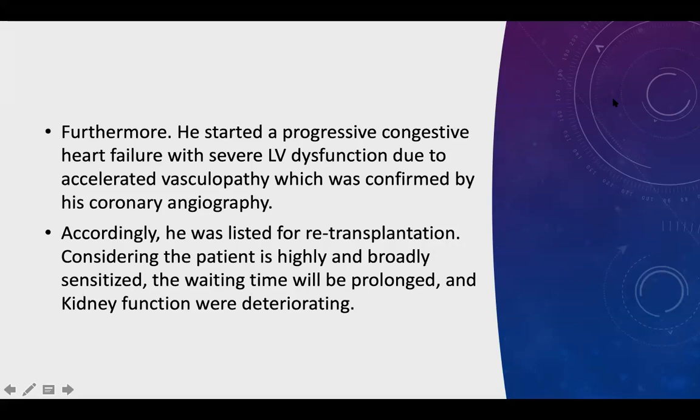Then I will need to see what's the time he needs to be listed for transplant to change my plan, either to shift him to the LVAD on top of his transplanted heart, or that I can do the transplant in the near future.